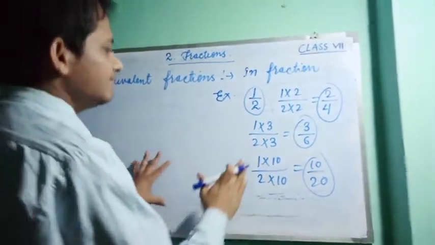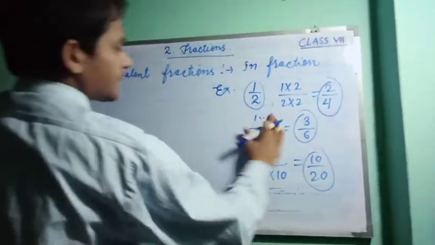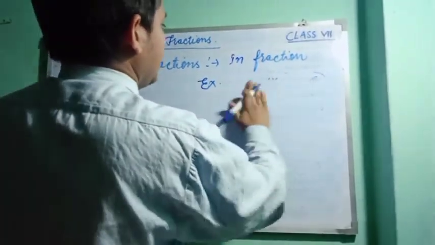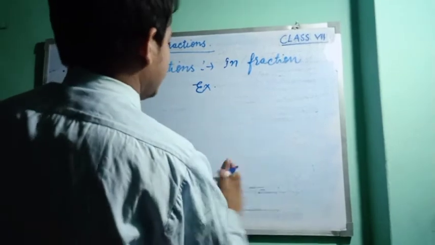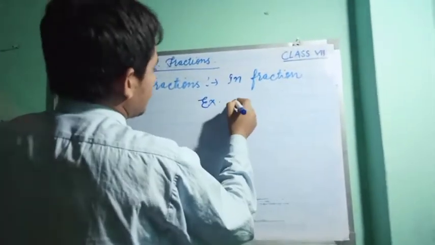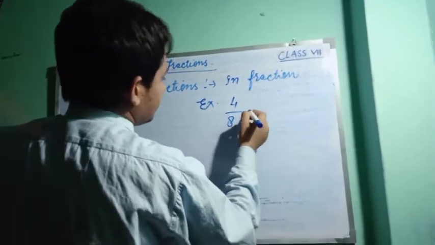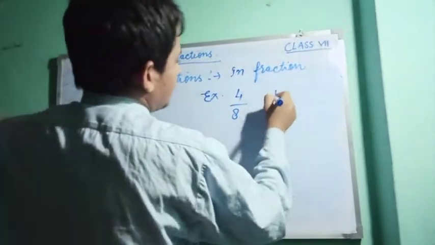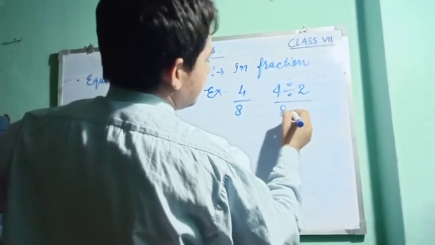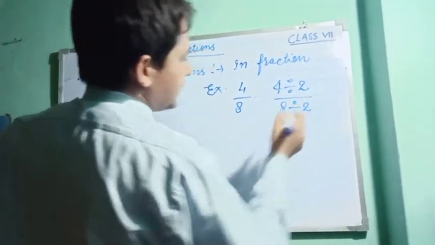Now see the next example. Suppose 4 by 8. Then 4 is divided by 2, and 8 is divided by the same non-zero number, 2.